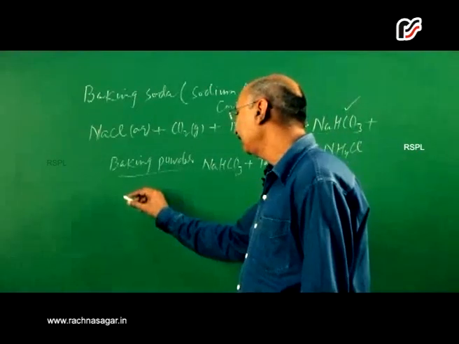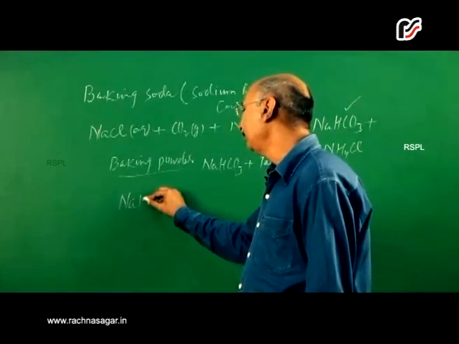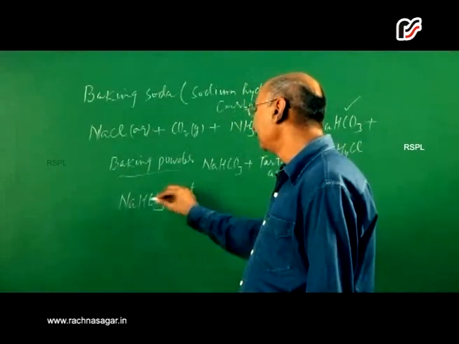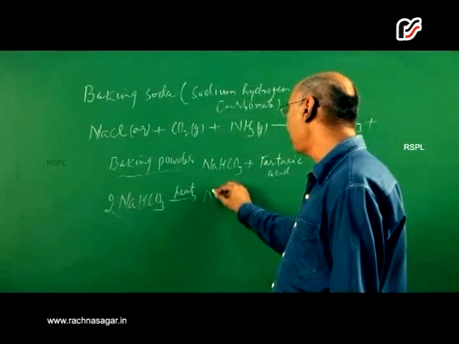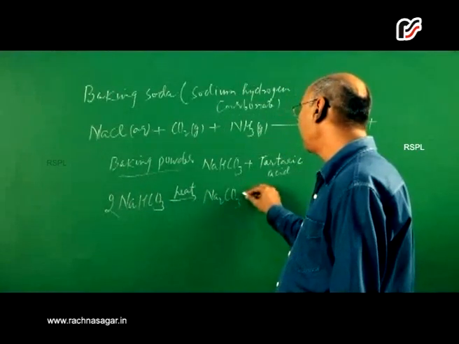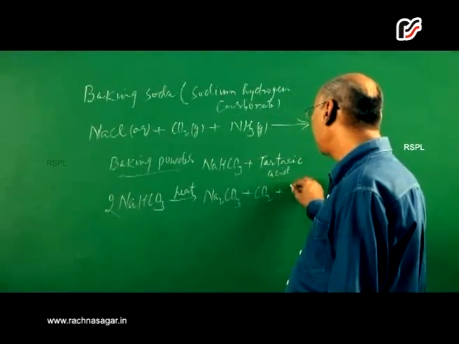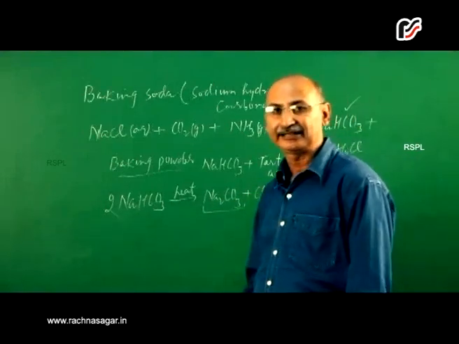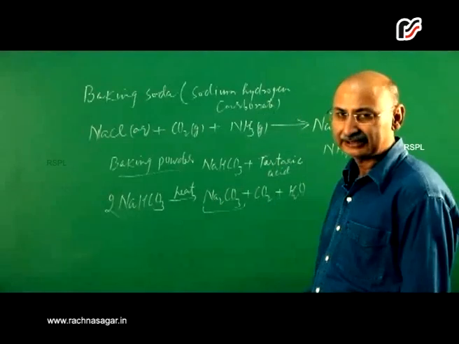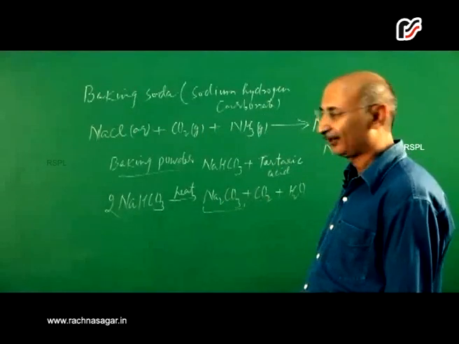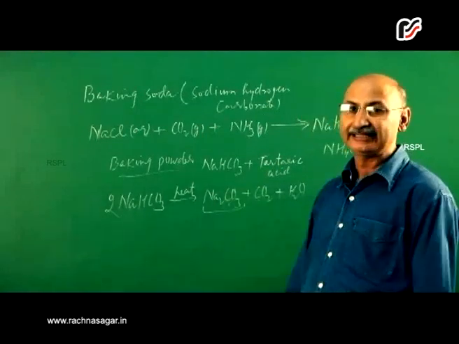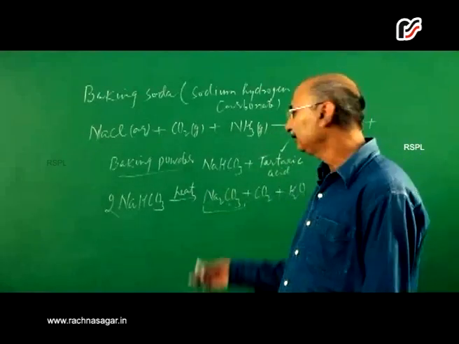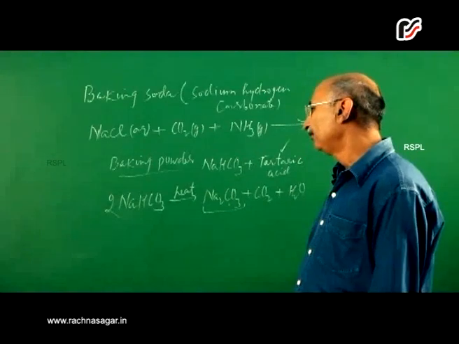Sodium bicarbonate or sodium hydrogen carbonate, when it is heated, results in the formation of sodium carbonate plus carbon dioxide plus water. This sodium carbonate is bitter in taste, and that will make your biscuits or cakes bitter in taste. To neutralize the bitter taste of sodium carbonate, tartaric acid is added.